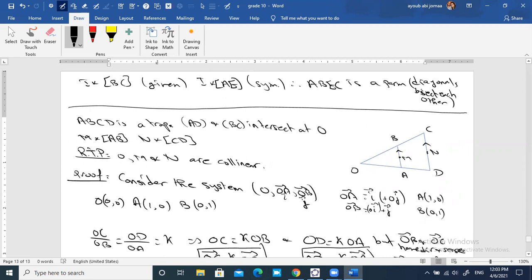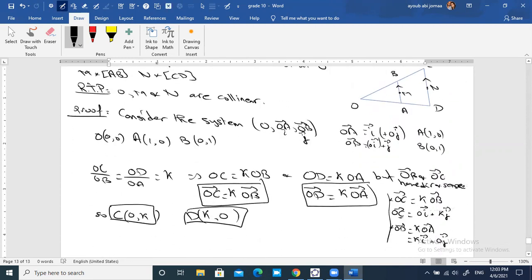How can I find the coordinates of point M? It's the midpoint of AB. So the x of M is XA plus XB over 2, and similarly for Y. Now, M is the midpoint of AB.